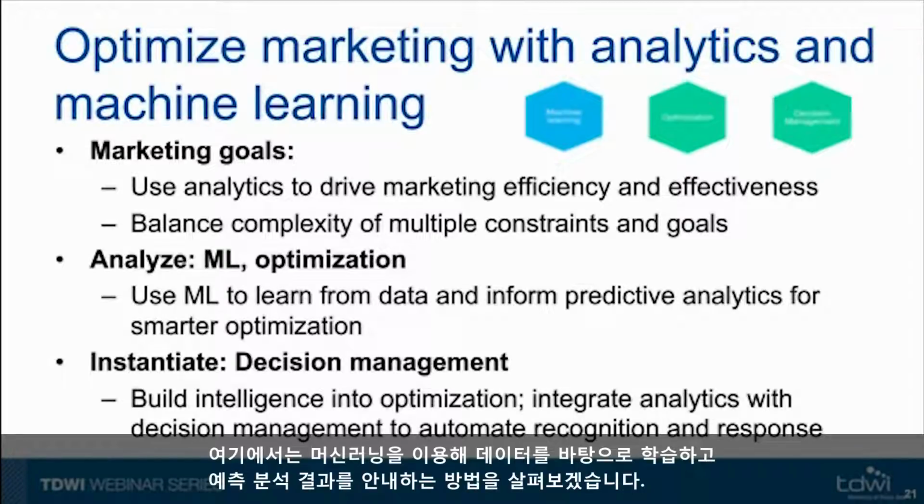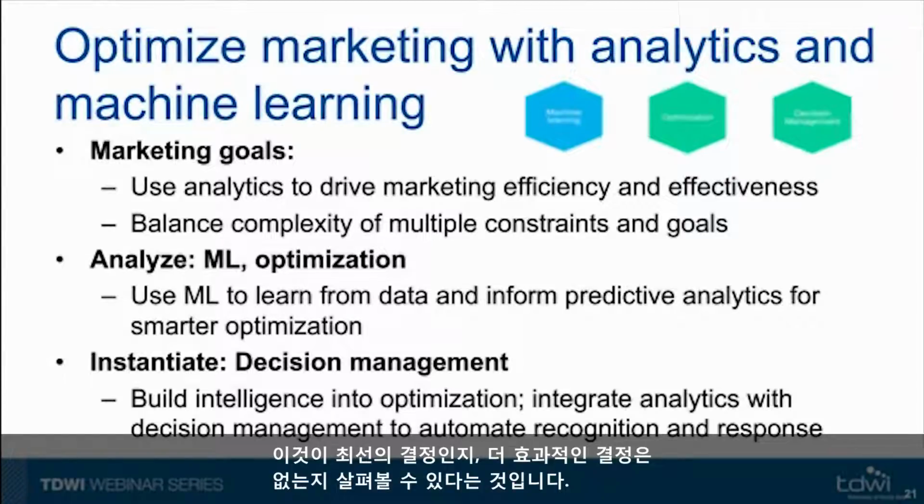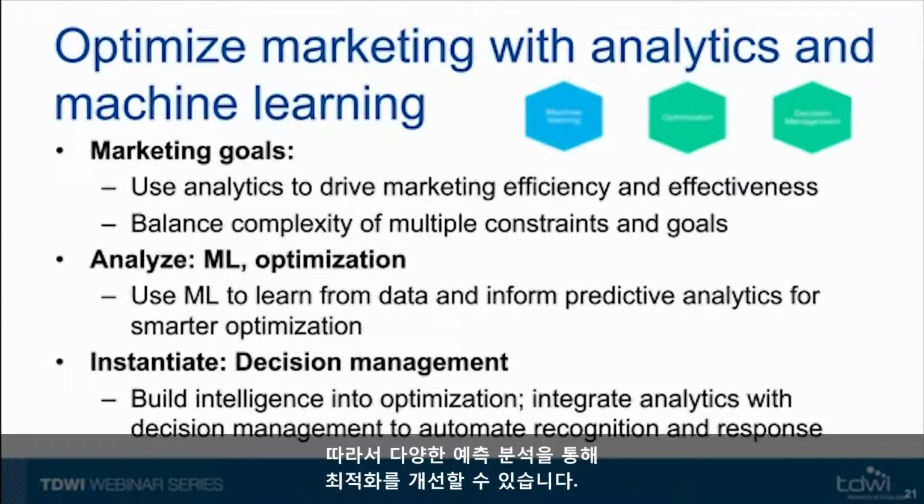Here you'd be using machine learning to learn from the data and inform predictive analytics. You can do a lot of predictive analytics to improve your optimization, because one of the things you want with optimization is a lot of measurement and looking back at whether your decisions for how to optimize campaigns, and the kinds of campaigns you chose, were the best decisions you could have made and how they could be made more effective.